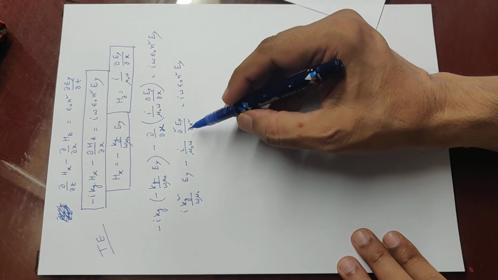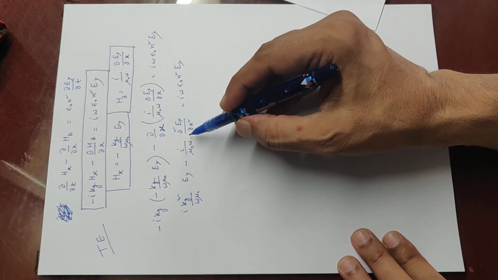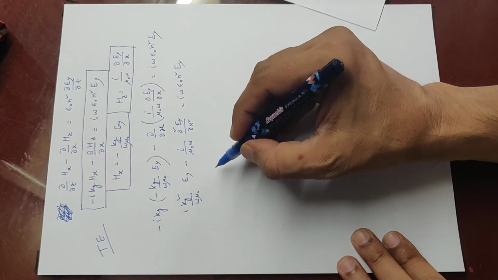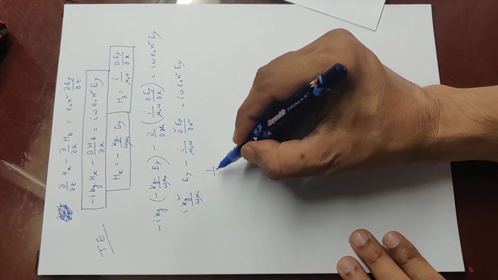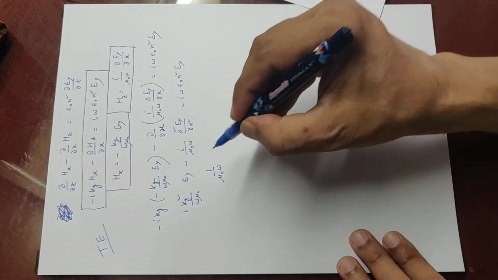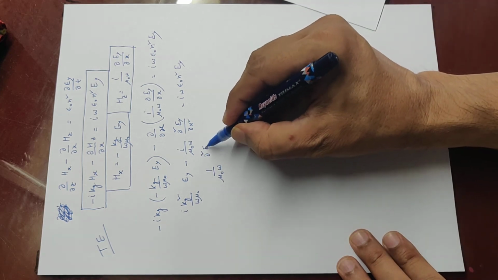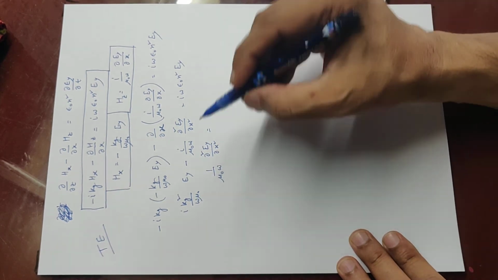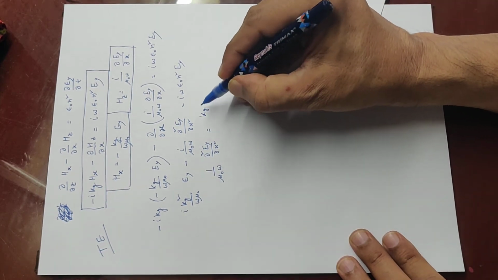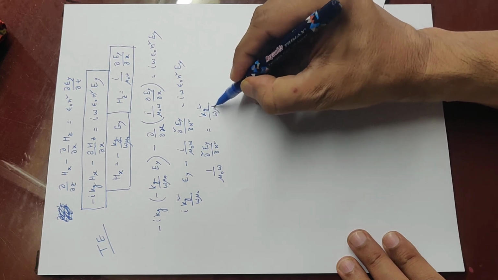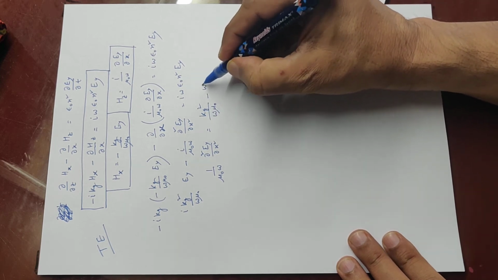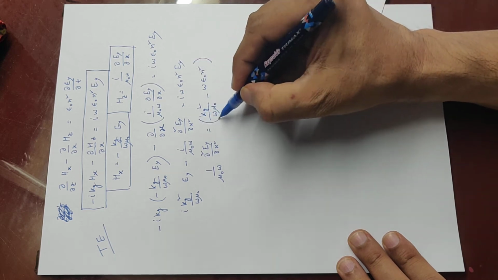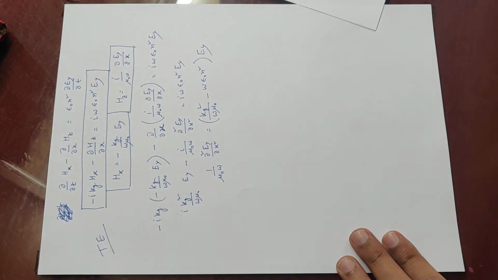Taking this one to that side, 1 by mu naught omega d2 Ey by dx2 is equal to kg square by omega mu naught minus omega epsilon naught n square into Ey.